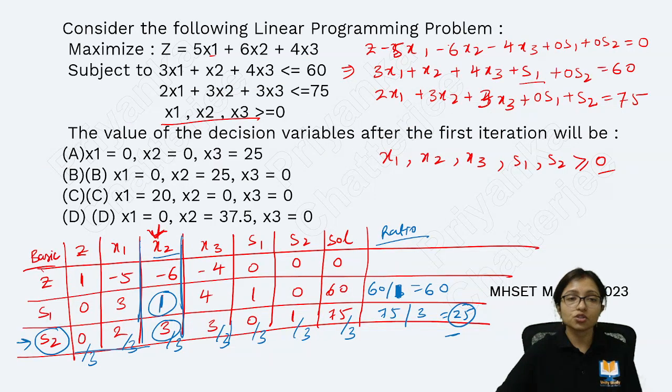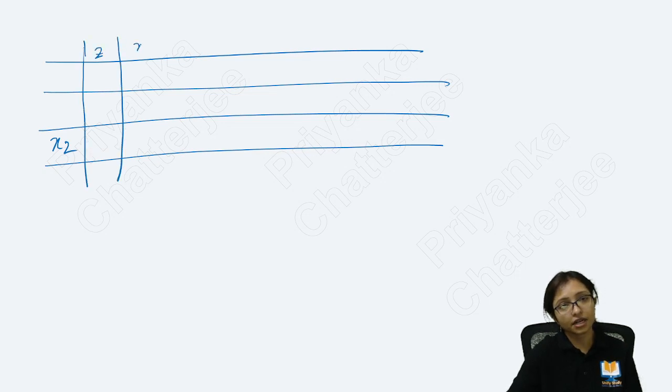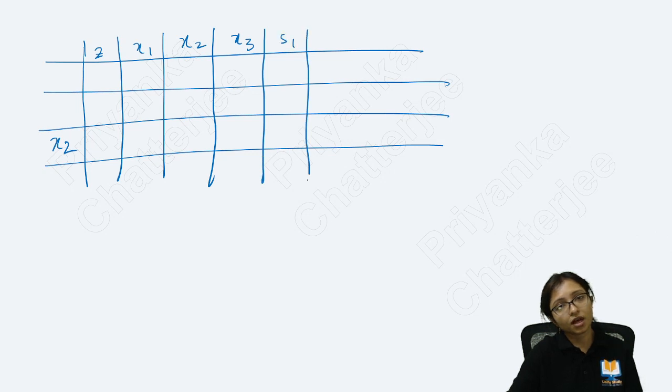So in the next table, what am I going to get? x2 is going to enter here. So I am going to enter x2 here. So it is your z. After that there was x1, then x2, then x3, s1, s2, and the solution, right?